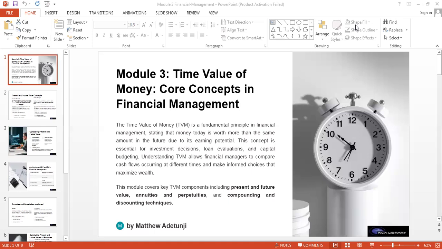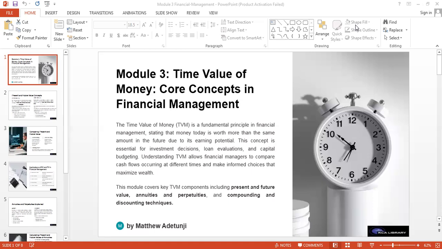So the concept is essential for investment decisions, loan evaluation, and capital budgeting. Having an understanding of what time value of money is allows financial management to compare cash flows occurring at different times and make choices that maximize wealth.